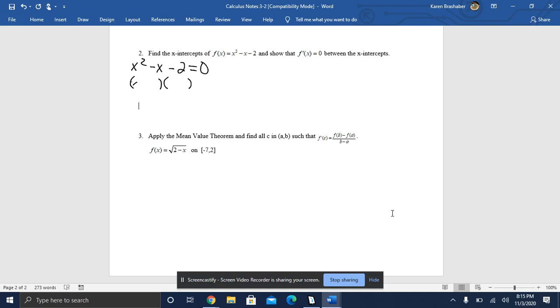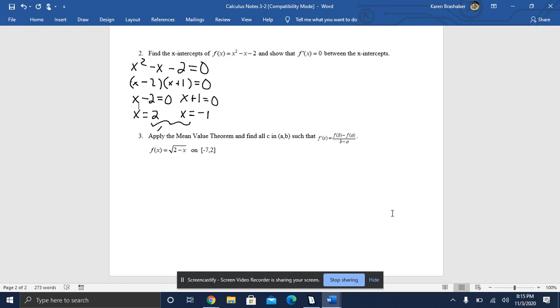Once you get it factored, you'll find out that it is x minus 2 times x plus 1 equaling 0. Then setting each one of those parentheses equal to 0, we get that x equals 2 is an x-intercept, and x equals -1 is an x-intercept.